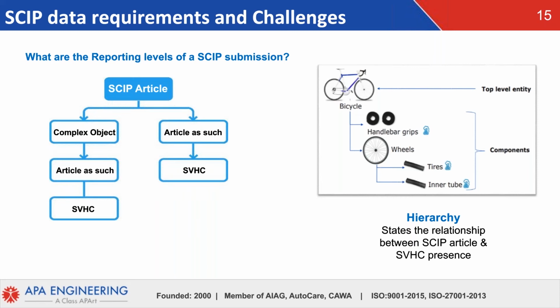This to and fro communication with the suppliers every 6 months, whenever the SVHC list gets updated, can be avoided if we get the full material declaration, also called FMD, that will have the complete substance details. So when we get details from the suppliers, we need to ask for the hierarchy if it is in a complex object. Next slide.